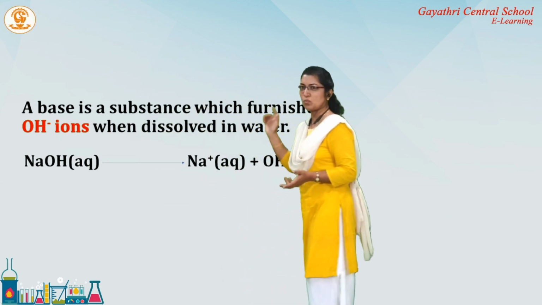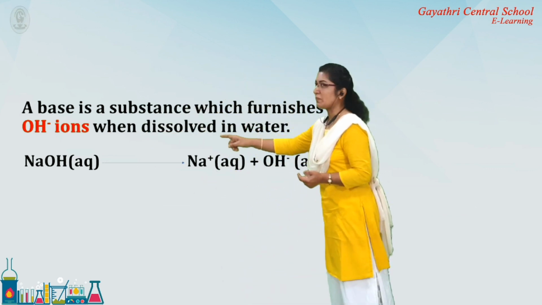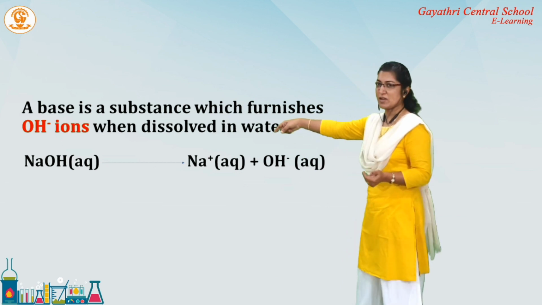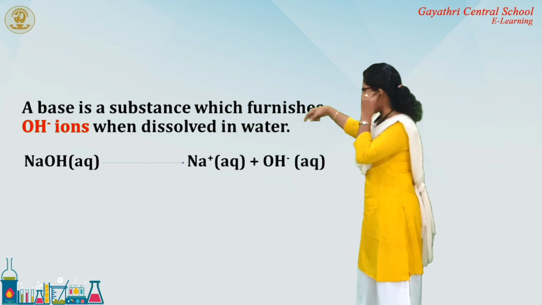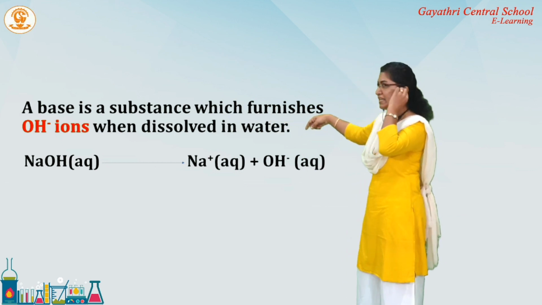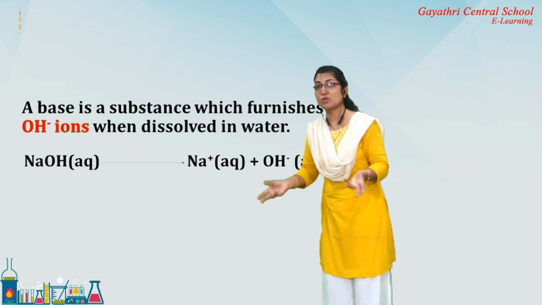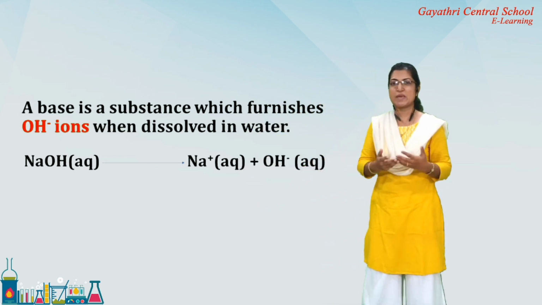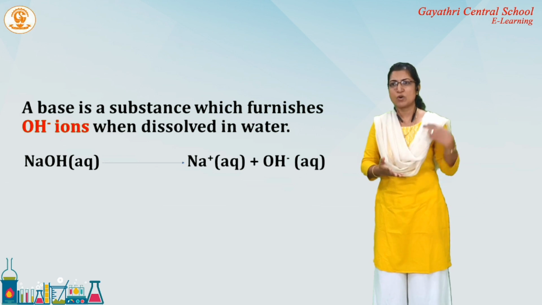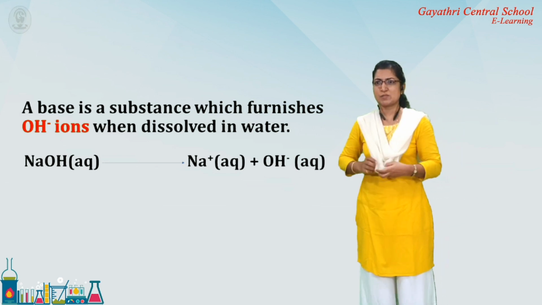When we mix it with water, it will break down into its corresponding ions, that is Na plus ions and OH minus ions. So there also dissociation, ionization takes place.